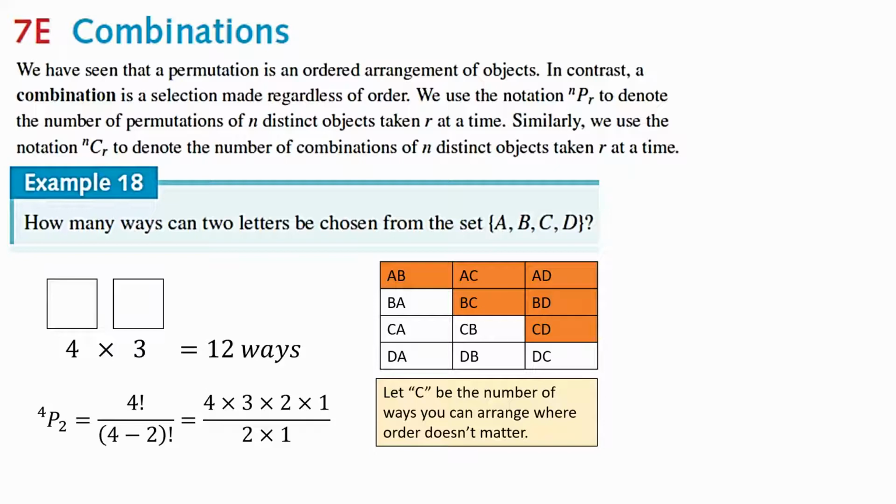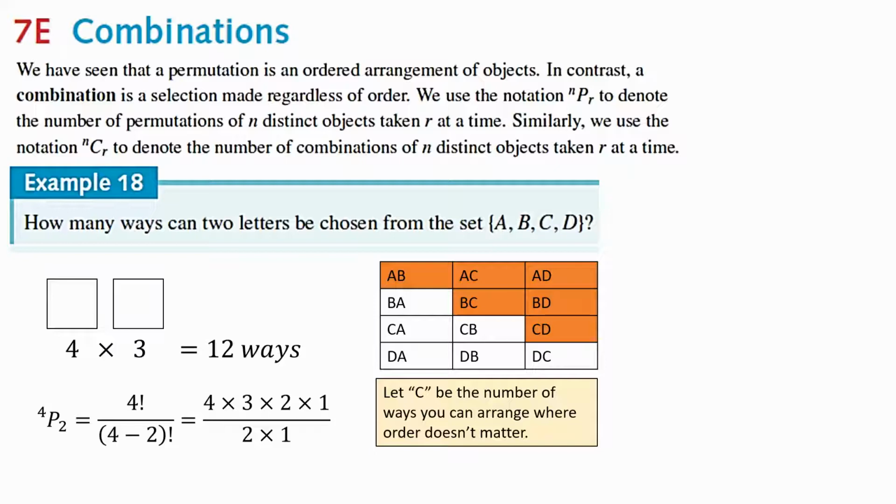D, B, C, and D, C, B. True? But all of this is one combination. There are 6 permutations, but 1 combination. Does that make sense? So what I'm trying to say is for every one of these 3 choices I have, there are 3 factorial ways or permutations you can have where order does matter.